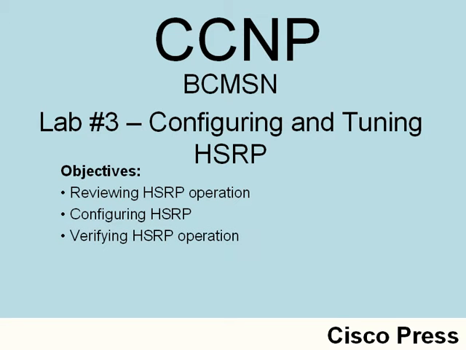Then we are going to watch HSRP in action by simulating a failure. We will unplug the cable going into the Ethernet interface on one of our routers to simulate an interface failure or a router failure, and we can see that HSRP, after just a few seconds, is going to cut over to the backup router.